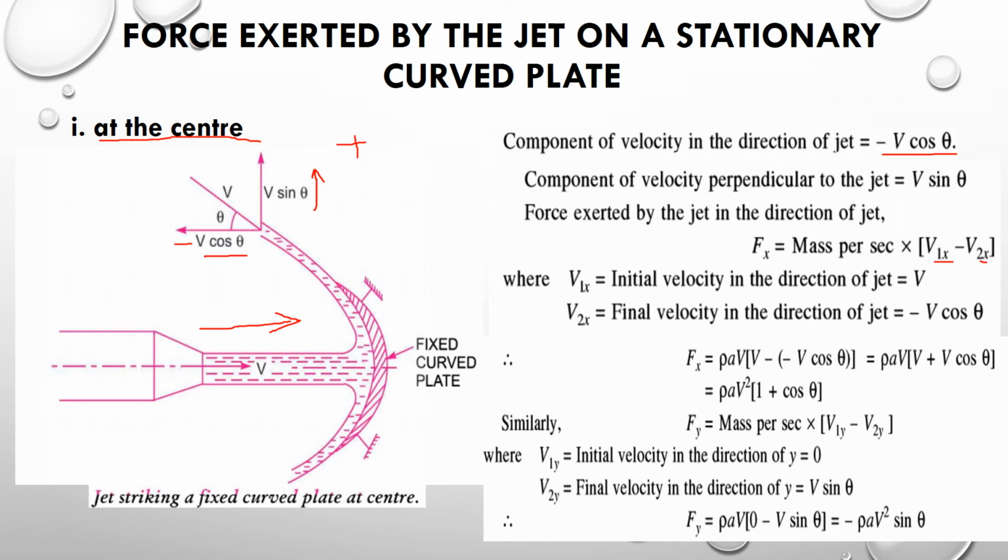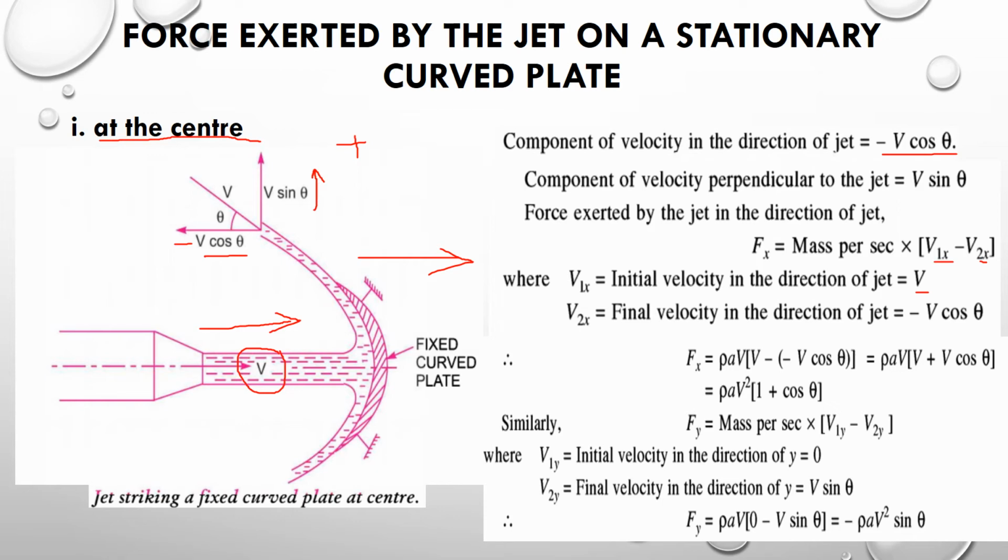V1x is the initial velocity, that is, before striking the jet has velocity v. So the initial velocity in the direction of the jet is v, and for V2x, the final velocity in this x direction, the component of velocity is minus v cos theta. So we substitute minus v cos theta.